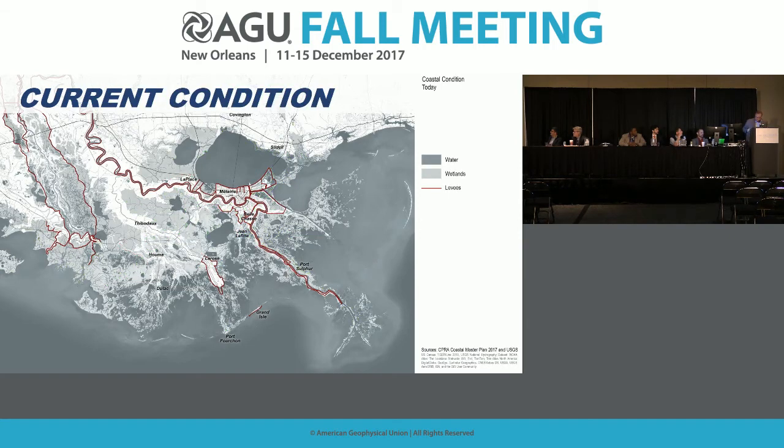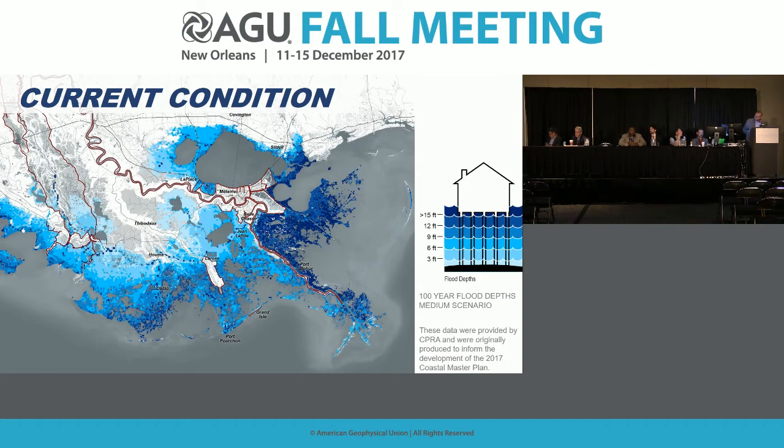Unfortunately, we know with the best information we have at our disposal that we're likely to lose more land than we can reasonably rebuild or protect over the next 50 years. And so if we're dealing with a construct in which we have a high degree of flood risk today in the state of Louisiana, and it's expected to get worse, that's largely represented by what we can expect in changes to the landform.